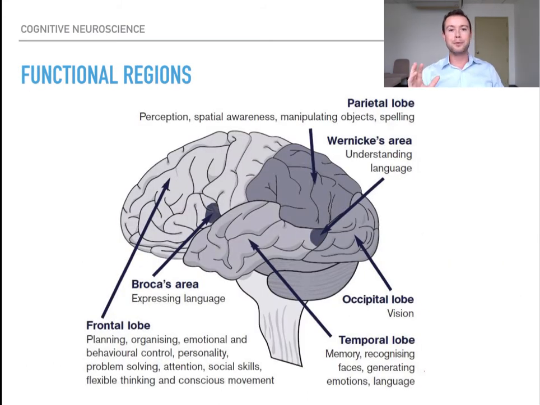One thing that will become important is the idea that we have different regions of the cortex that are implicated in different functions. For example, the occipital cortex is strongly implicated in vision or visual processing, whereas regions of the frontal lobe are much more strongly associated with higher order executive functions.